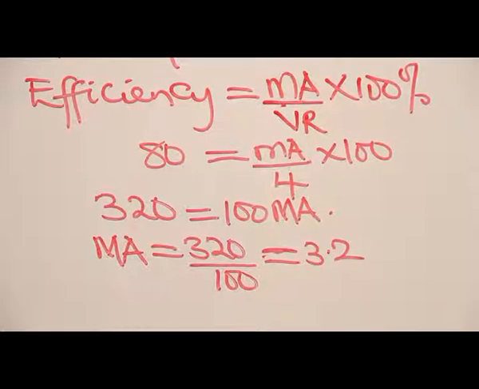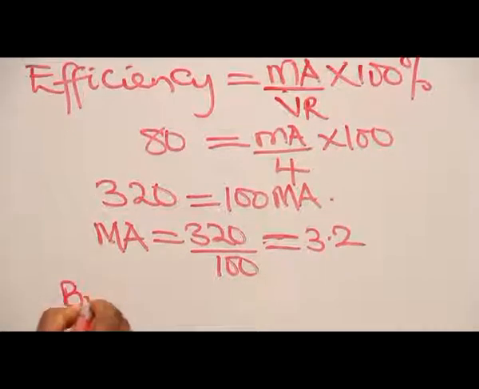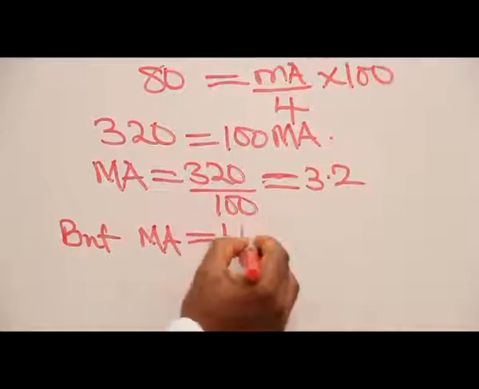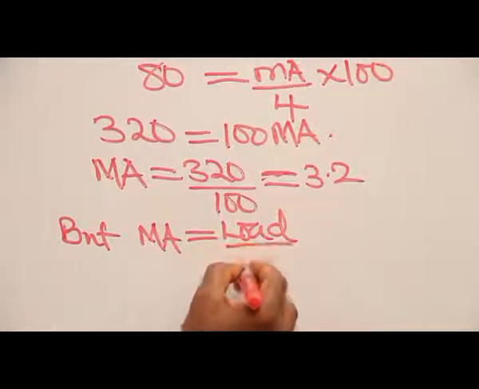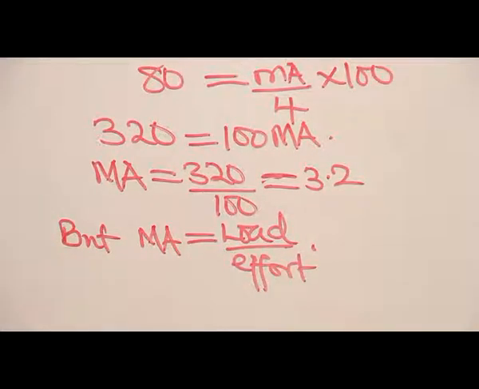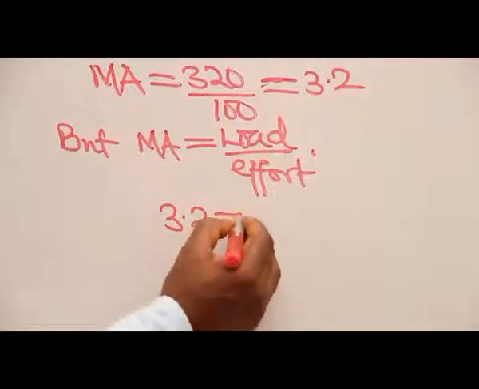Having obtained the mechanical advantage, we can now look for the effort that is required to raise the load. But mechanical advantage is equal to the load divided by the effort. That's the relationship. Then we fix the value for MA as 3.2.